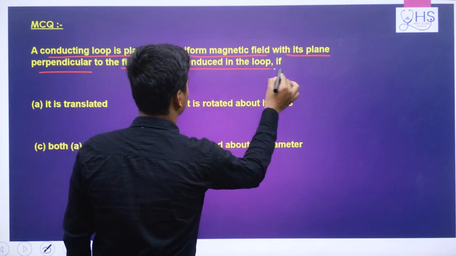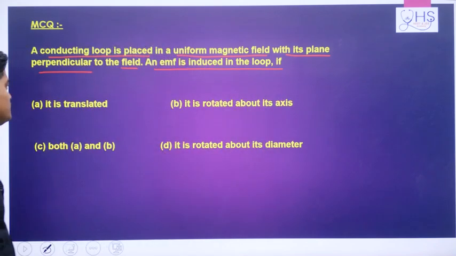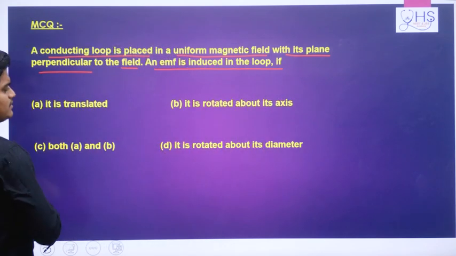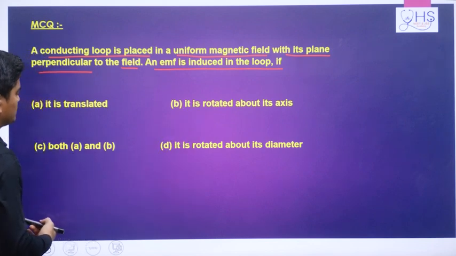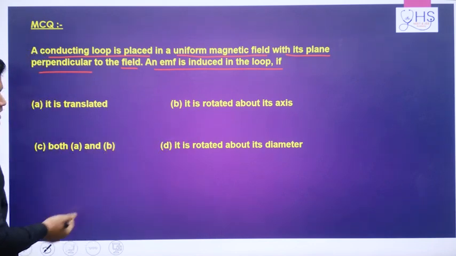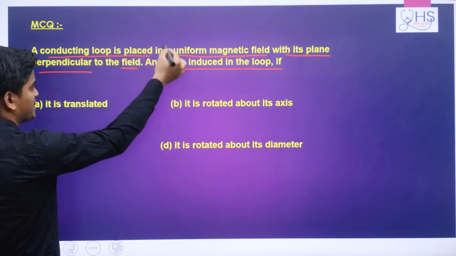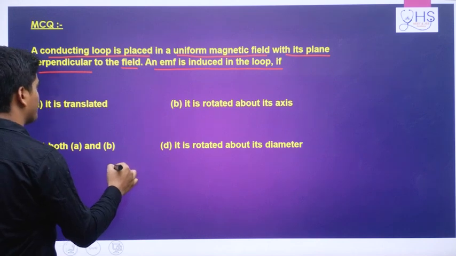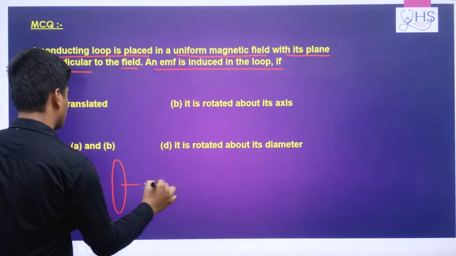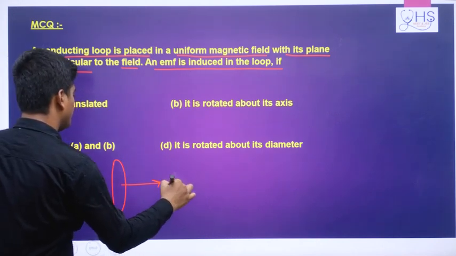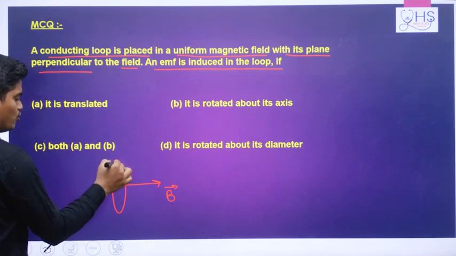An EMF is induced in the loop if it is translated, it is rotated about its axis, both A and B, or it is rotated about its diameter. First understand the picture that is given. So this is the magnetic field B and this is the loop plane.